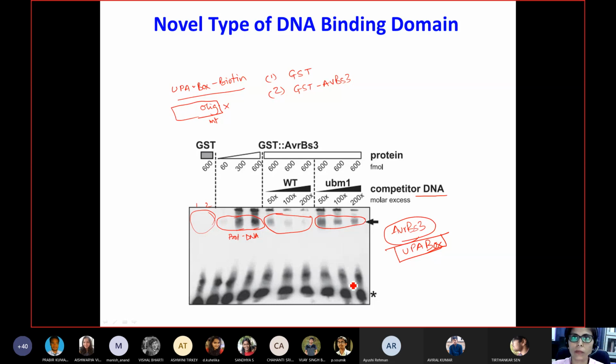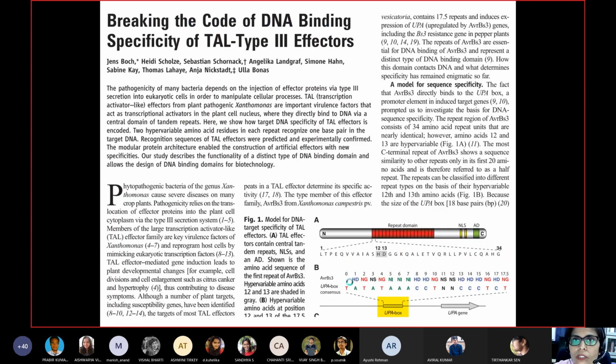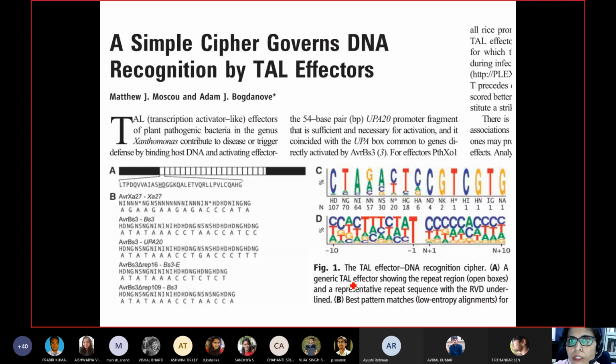The first paper was by James Boch and others from the Ulla Bonas group. A lot of work came from this group; even the review article, which I will share with you, was written by Bonas. His group was the first to break the code of DNA binding specificity of TAL type 3 effectors.